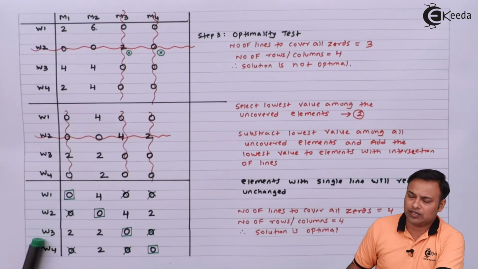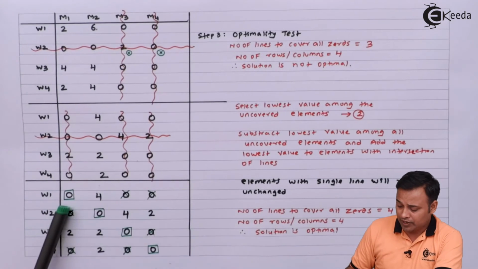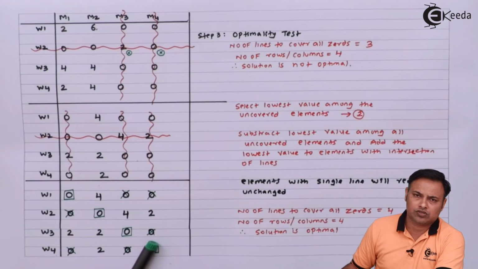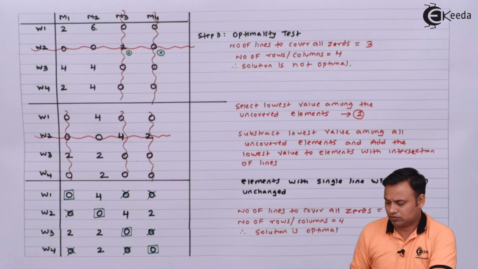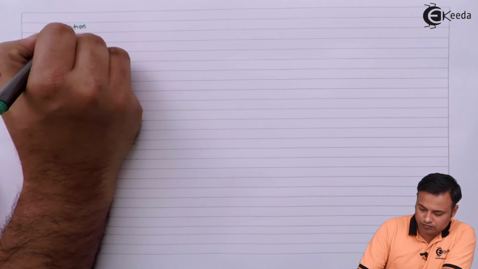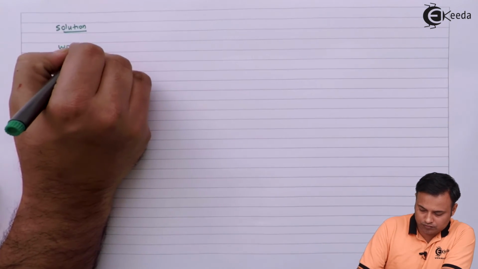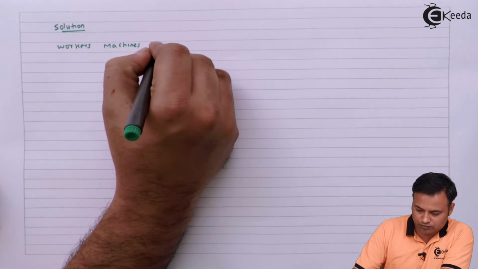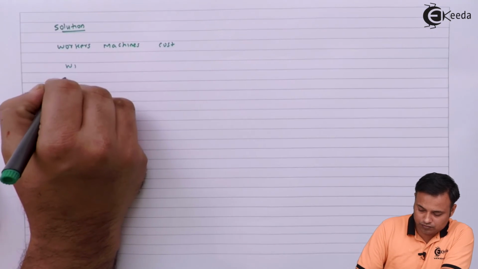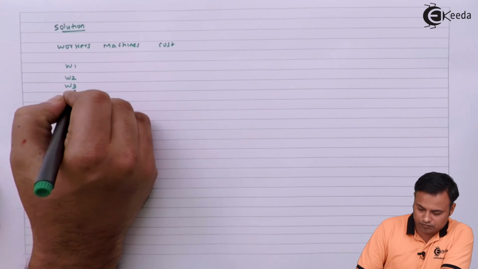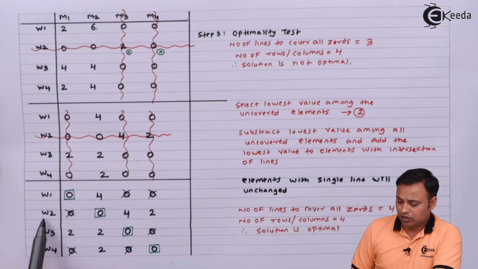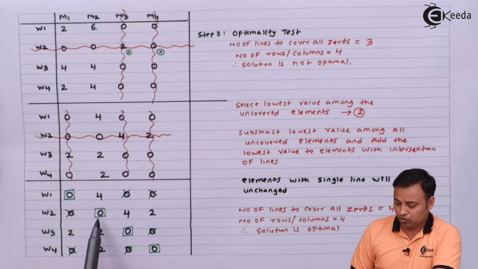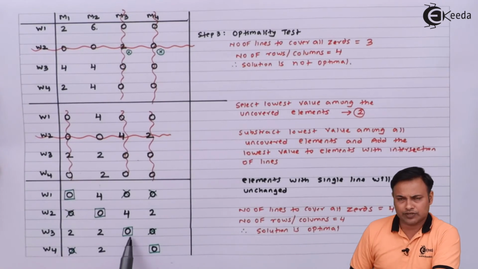Our workers were 4, our machines were 4, our assignments are also 4, which means the solution is optimal. Now what is the solution? Let's obtain the solution. We have assigned worker 1 with the first column, that is machine 1, worker 2 with the second column, that is machine 2, worker 3 with the third column, that is machine 3, and worker 4 with machine 4.